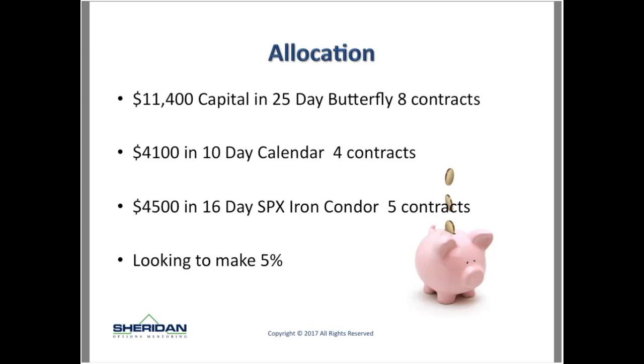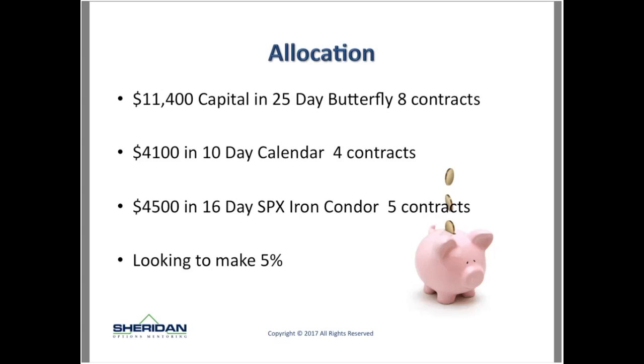So 4 butterflies, 4 iron condors, whatever, 4 calendars. With the shorter-term trades, you have a better chance to make better yield than you do on a 60-day or 70-day trade, because you can put on 4 trades. You're just not going to get longer-duration trades off that quick.